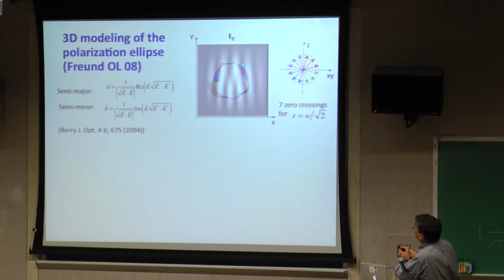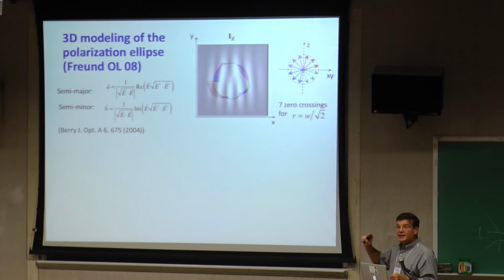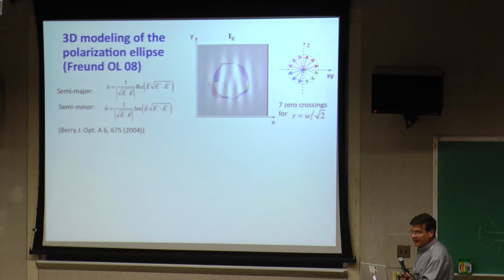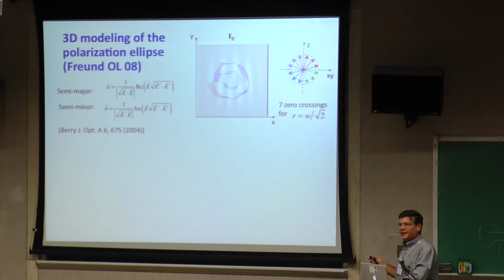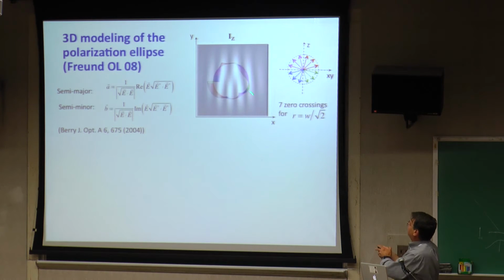Actually, wherever there's a dark fringe in the z fringes, there's a crossing of the z component of the field. But what is peculiar is that here I was focusing on the semi-major axis at some imaginary circular path in the plane where the two beams cross.